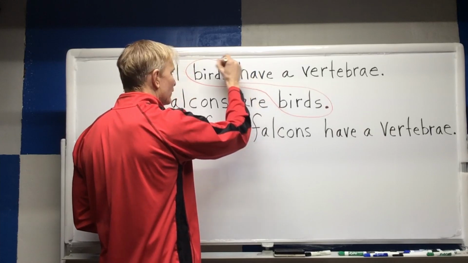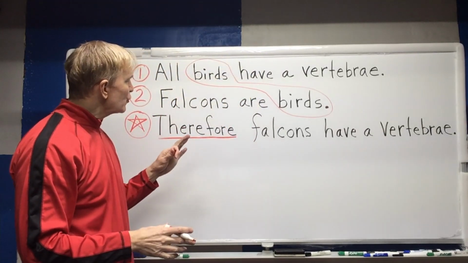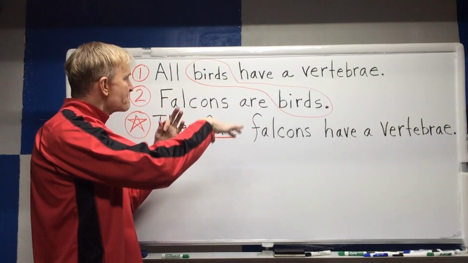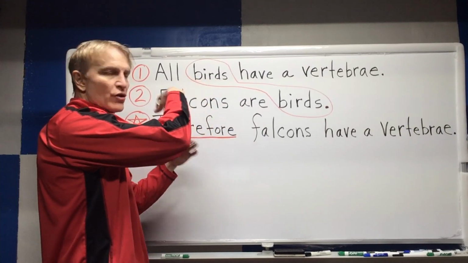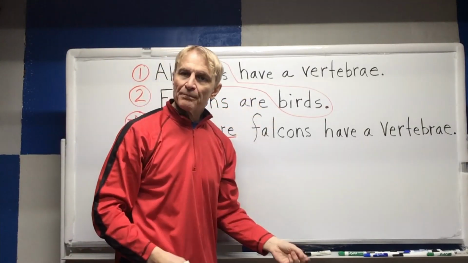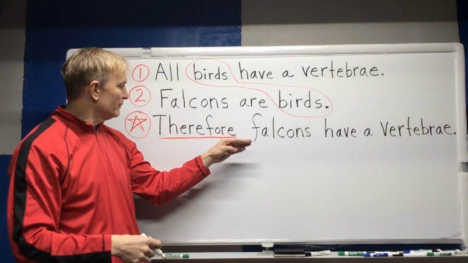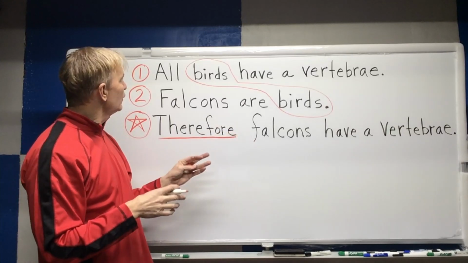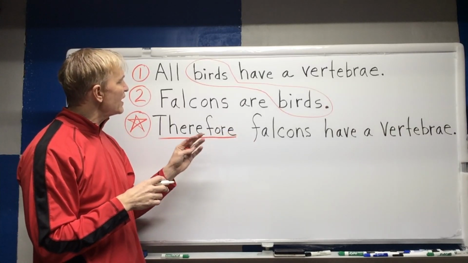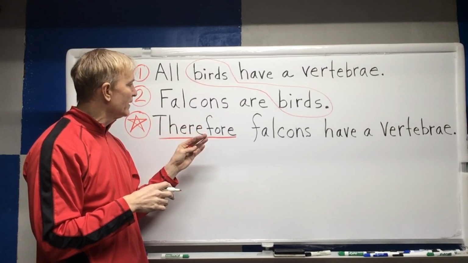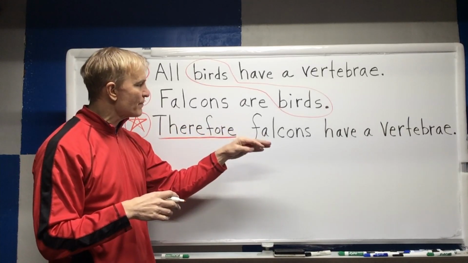So I'm wondering, can these stand alone, or can they independently make the conclusion? And when I look at that, I say all birds have a vertebrae. Therefore, falcons have a vertebrae.